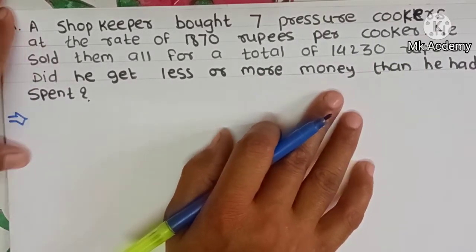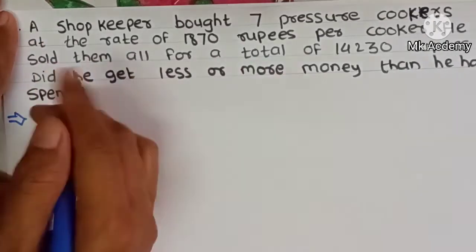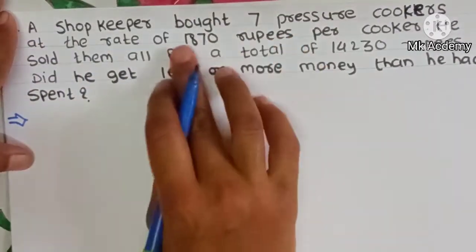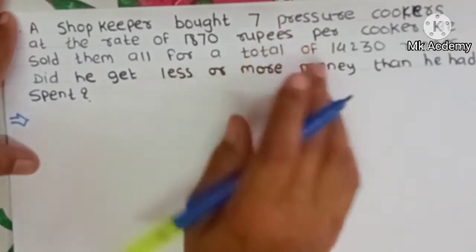Now first we calculate the total money for buying these 7 pressure cookers.